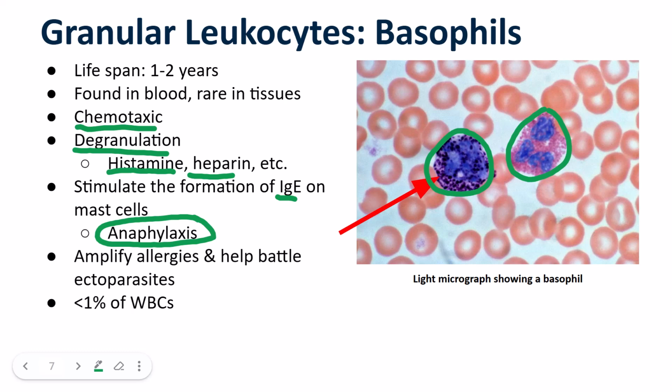If someone has an allergy to peanuts or nuts or shellfish, oftentimes it's the result of basophils putting IgE antibodies on mast cells that are specific for antigens found in those substances. So these are fantastic amplifiers of allergic responses, but they also can help battle ectoparasites, things like fleas and ticks. But again, they are not terribly abundant, coming in at less than 1% of a whole white blood count.